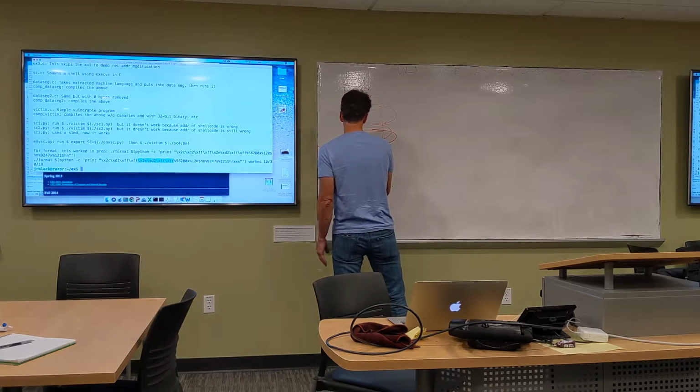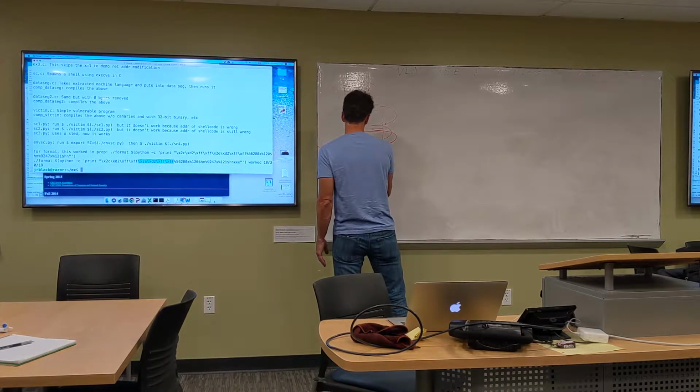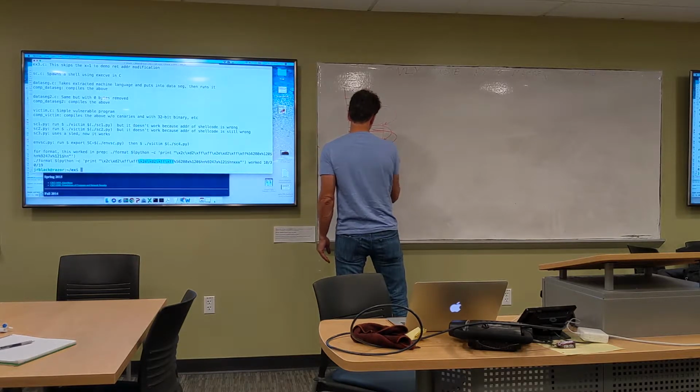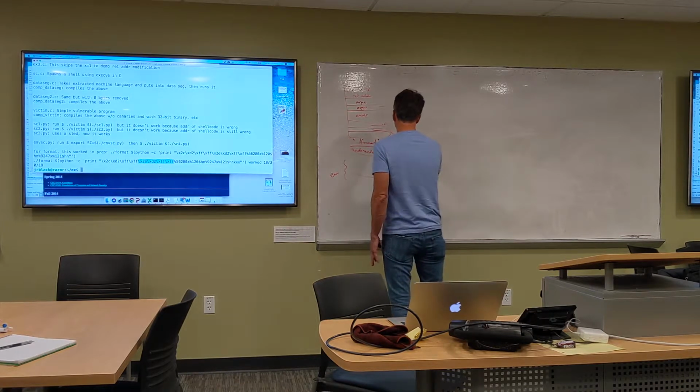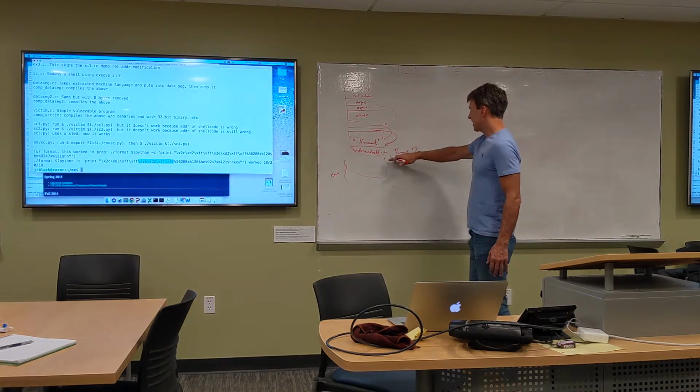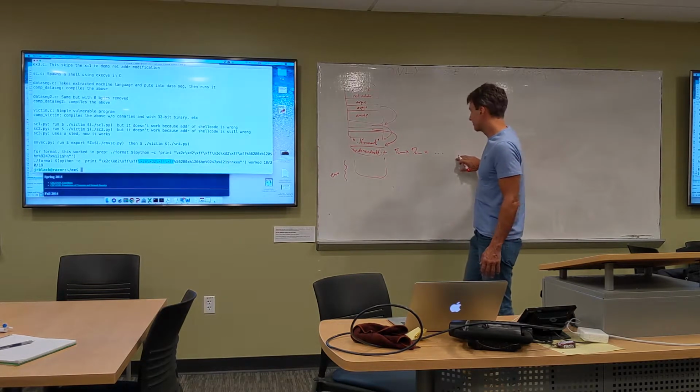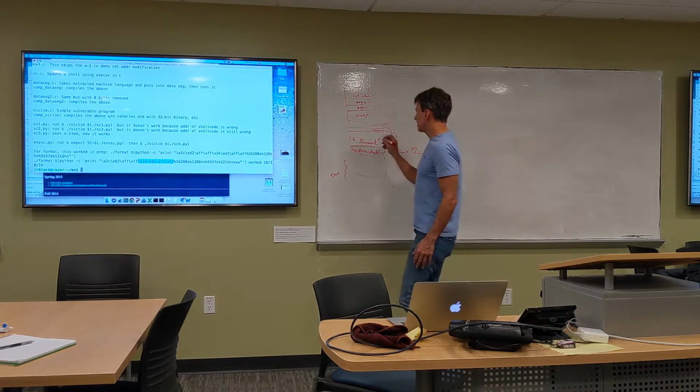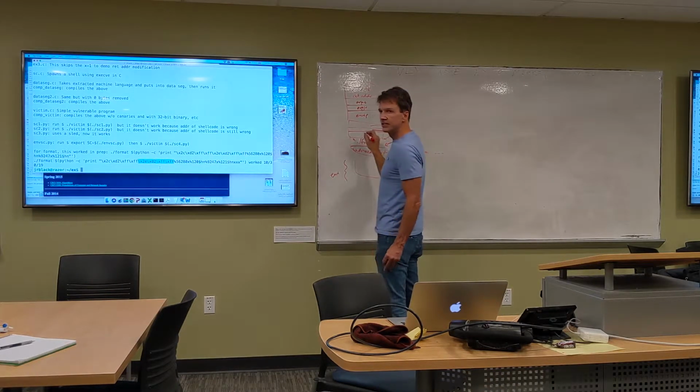So this is going to be \xd0\xcd\xff, followed by %something x, followed by %something n. This is my attack. And then what's this third slot in argv?